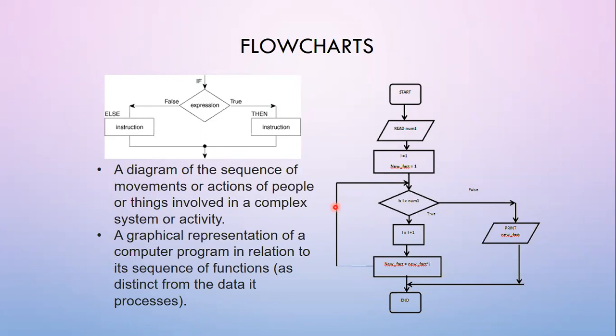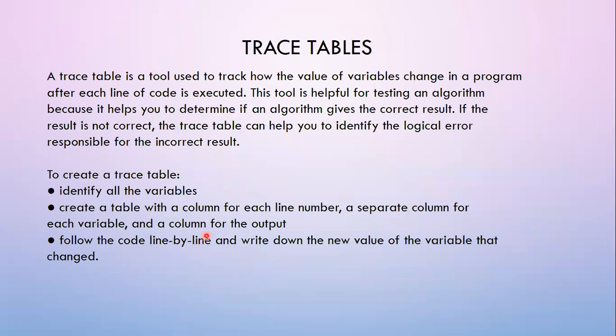The whole word is flowchart. I need to know which direction it's going. Okay, so if it's true, I need to do an instruction. Else, okay, remember here comes your if then else. We are going to get into that more as we are programming. We're going to do something else.